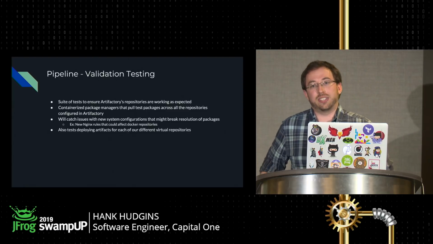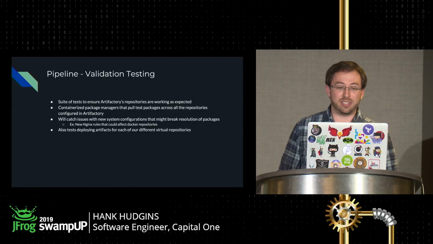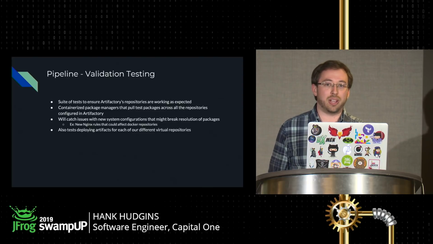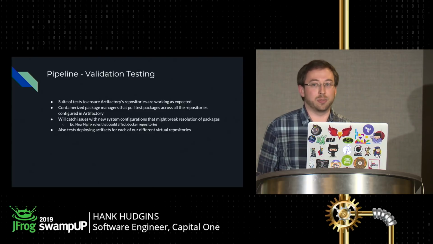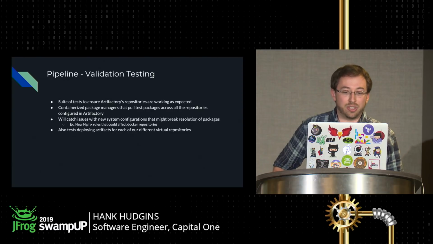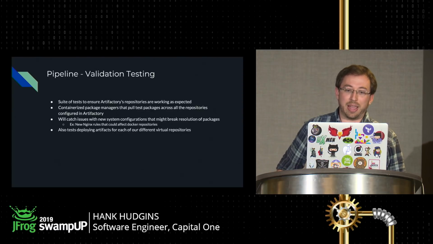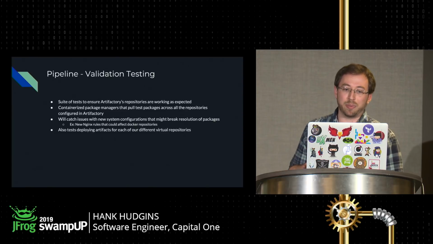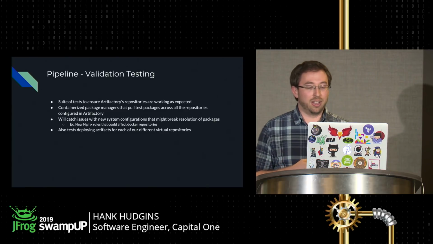So the second kind of testing we do post-deployment is validation testing. And this is a suite of tests we have to ensure that the Artifactory repositories are all working as expected. So we've actually containerized the package managers that pull test packages across all of the repositories that we have configured.